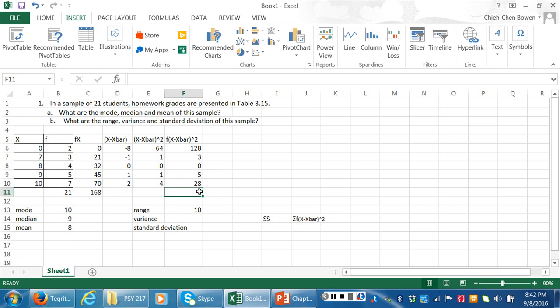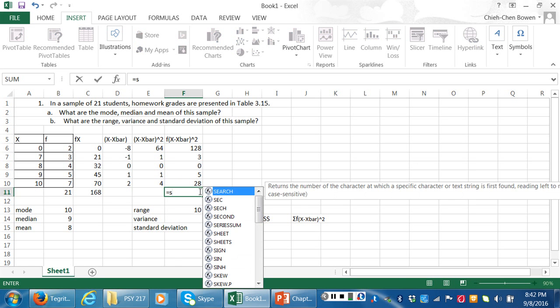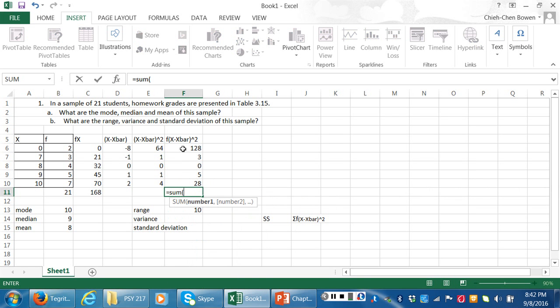Okay, very good. All you need to do is sum it up: the sum of all this f times x minus x bar squared. 164 is your sum of squares. If you want to remind yourself what you just did here, this value is 164.